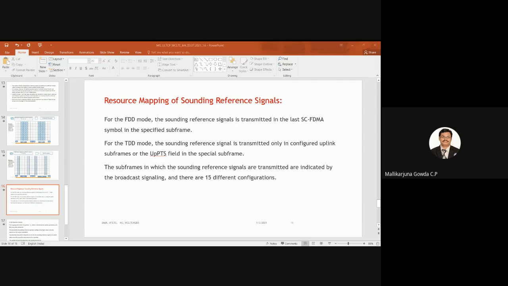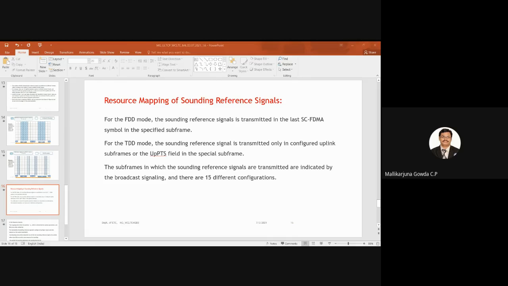And then I told about which OFDM symbol in a particular slot these reference signals will occupy. That depends on the PUCCH format, right? For 1A, 1B, I said which OFDM symbols in a particular slot are occupied, and similarly for 2A, 2B of PUCCH format, which OFDM symbols are occupied, right?